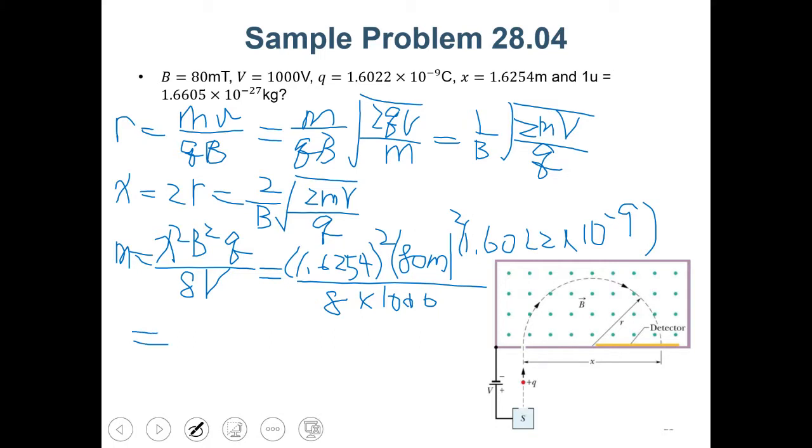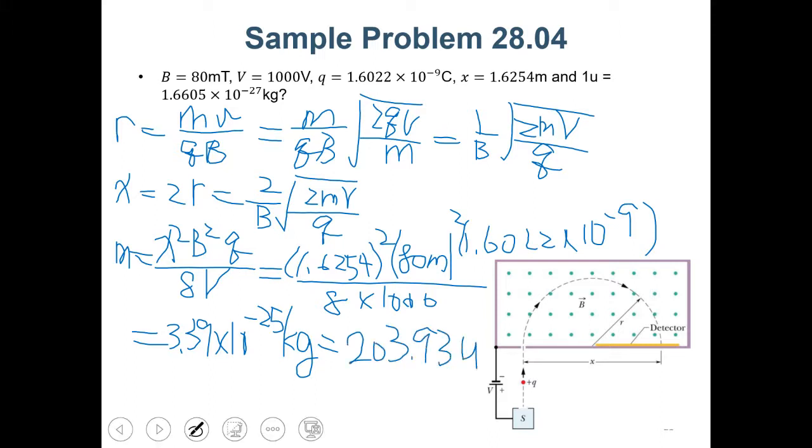So the answer will be 3.339 times 10 to the minus 25 kilograms, which will be 203.93 U.